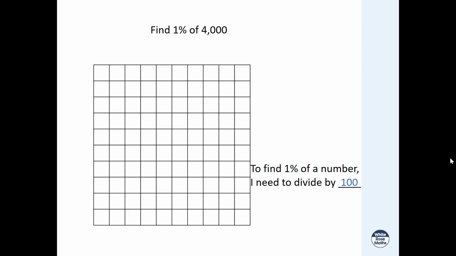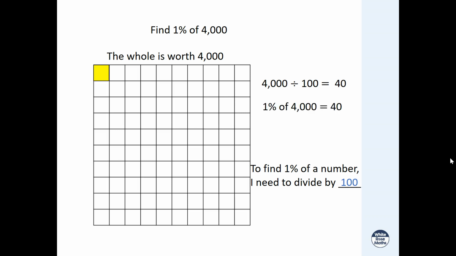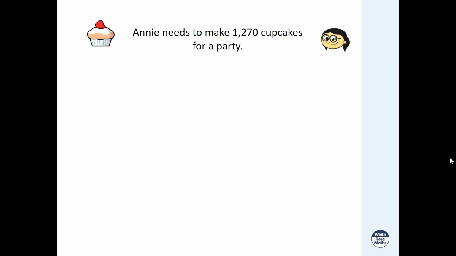So find 1% of 4,000, and we know that we've got to divide our number by 100 to find 1%. So this whole is worth 4,000, and we know that 4,000 divided by 100 would be 40. So 1% of 4,000 is 40. And when you're dividing by 10 and 100, you can use a place value chart, or you can draw one yourself and move those digits to help you.